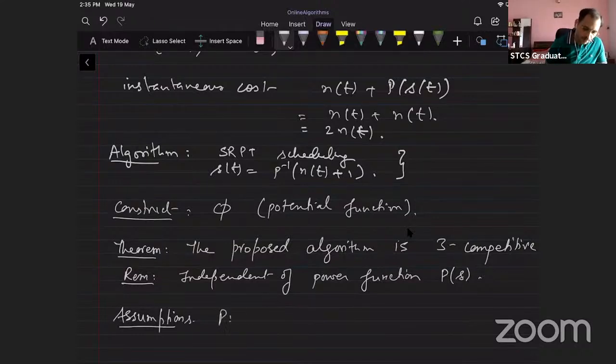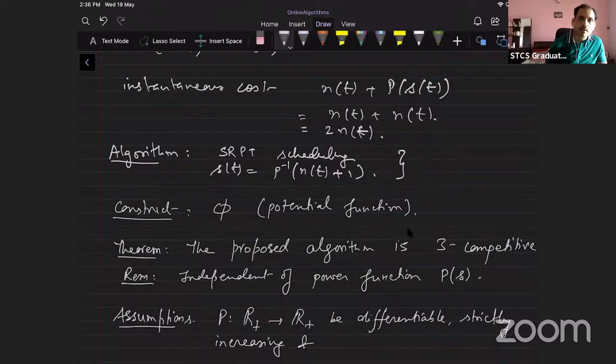So let P be a function from R plus to R plus, be differentiable, strictly increasing, and strictly convex.